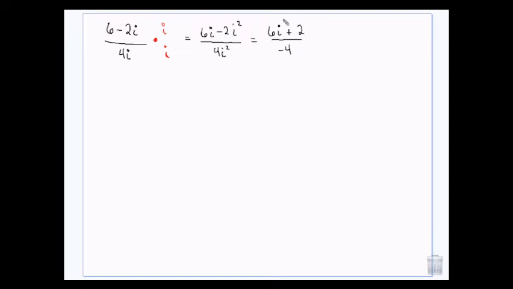And this has all kinds of problems with it. It's out of order in the top. It has a negative in the denominator. And 6, 2, and 4 can be simplified. So these are what's wrong with it in this format.